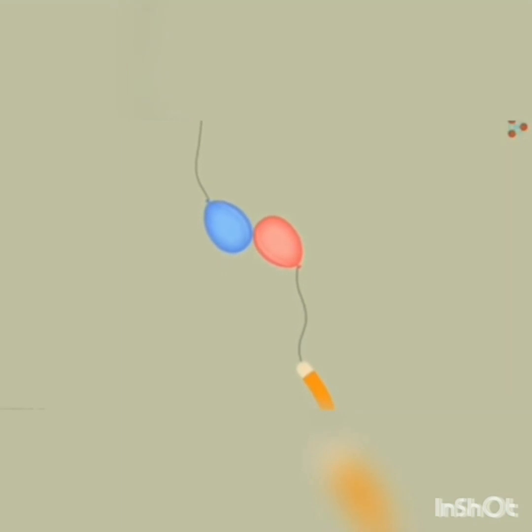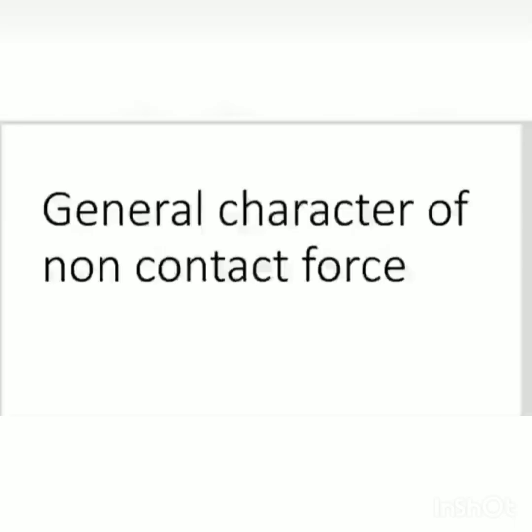It attracts it. Yes, they come towards each other. Why? Because they are attracting each other because of electrostatic force. This is a force of attraction. This attractive force is an electrostatic force.